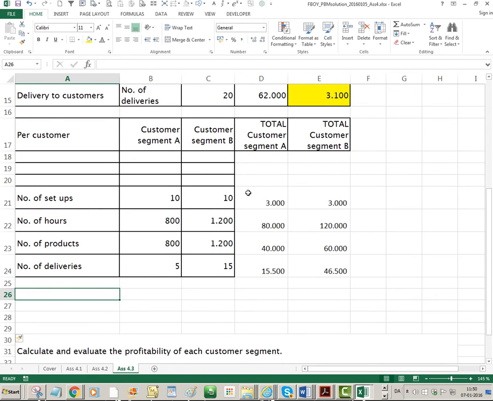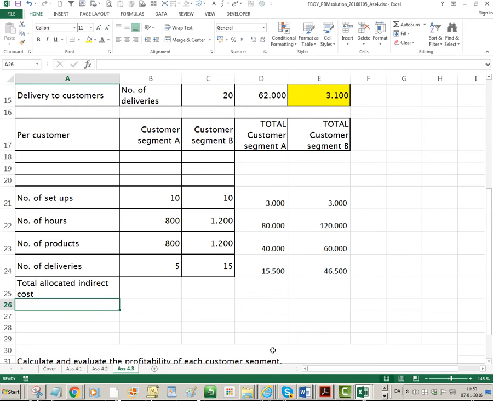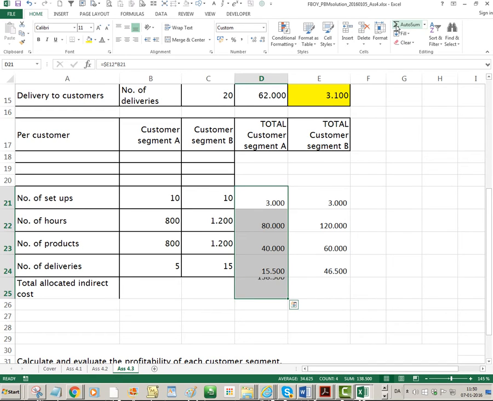So what could we call this? We could call this the total allocated indirect costs. The cost would be the sum of these, and we can use the same one here.